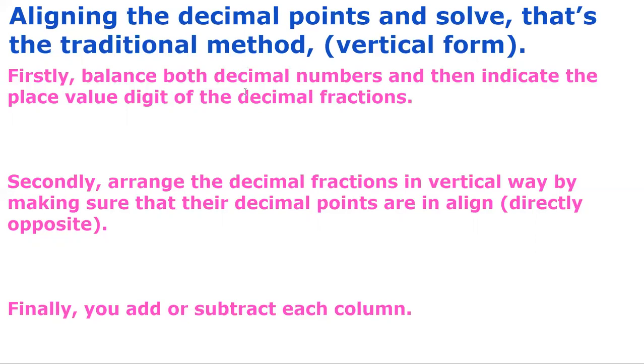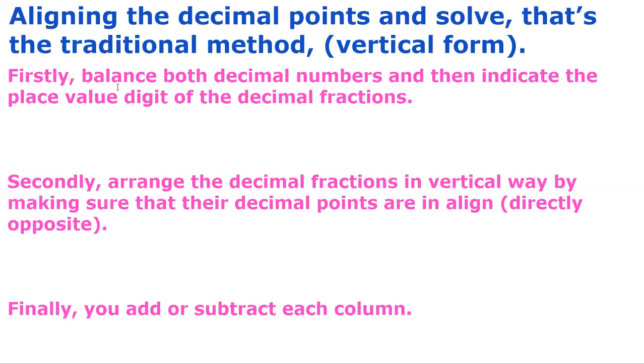So let's see the procedure that we need to follow before we can add decimal fractions by using align the decimal point and solve, or using the vertical form. Firstly, balance both decimal numbers and then indicate the place value digits of the decimal fraction.